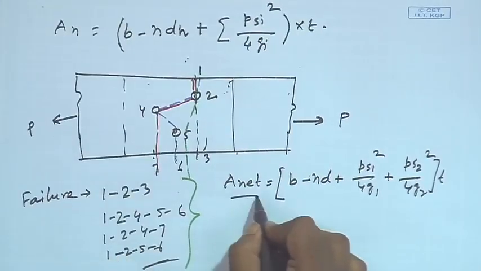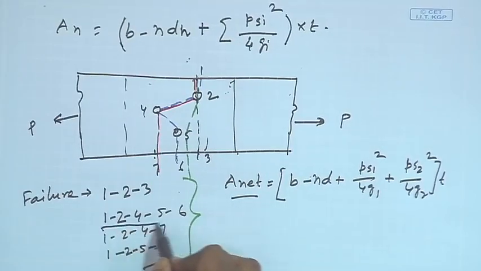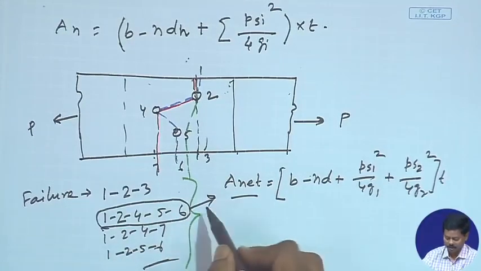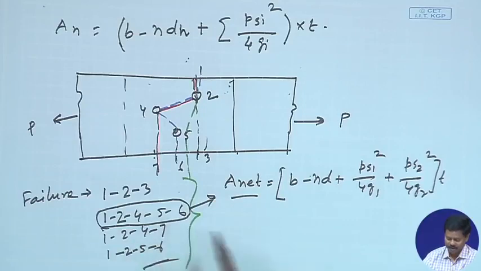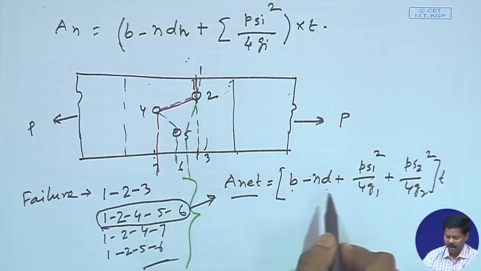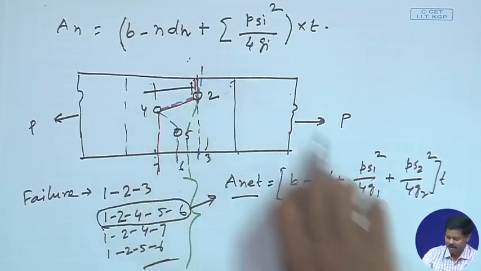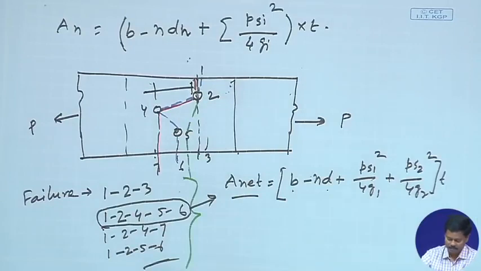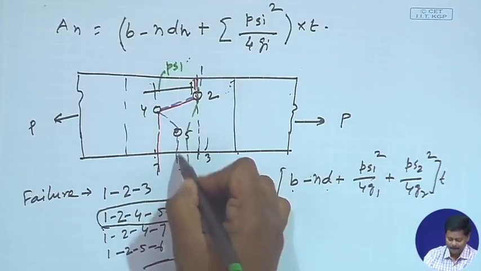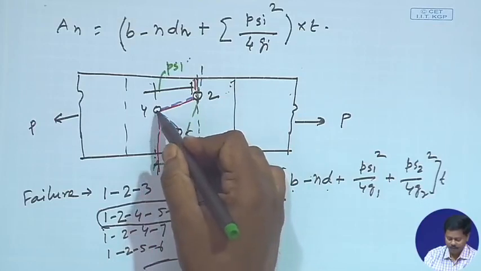So, this case is 1, 2, 4, 5, 6. This case will be the new one. What are we seeing here? Here we have B minus N D, where N will be 3, and P S 1 is this one, and this is P S 2, because after 1, 2, 4, from 4 to 5 it is coming.